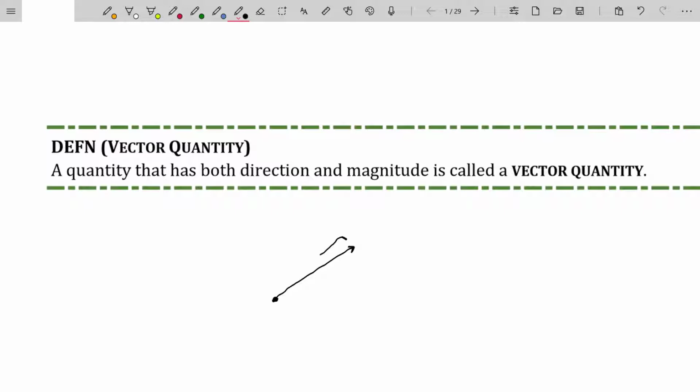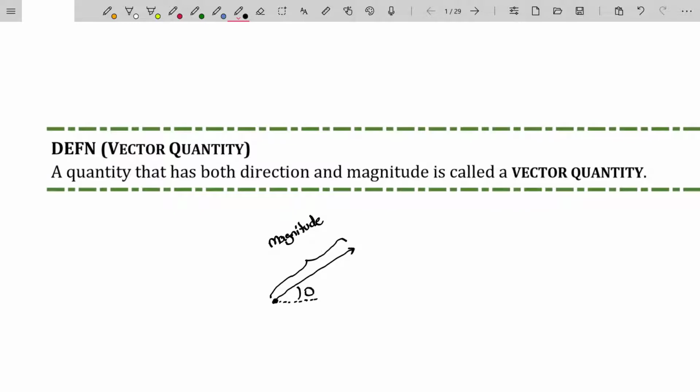It has a length, so that length is called its magnitude, and it has a direction. And the direction usually is measured from the positive x-axis, or essentially the positive horizontal line. So it has a direction of theta and a magnitude, whatever the length of that vector is. That is a vector quantity.